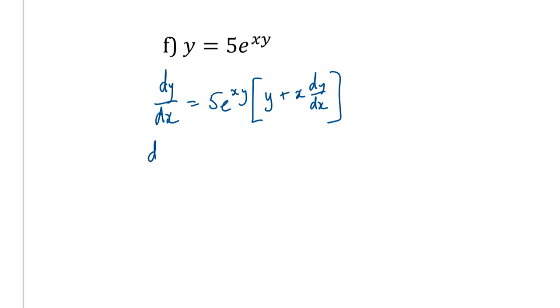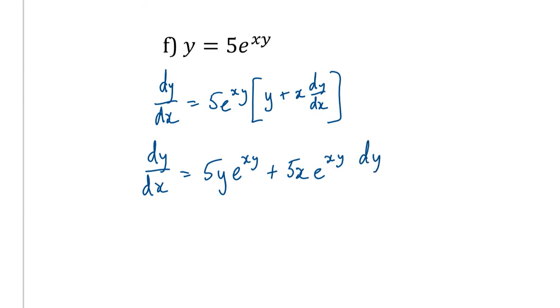Expanding my bracket, times y. Or I could have written that, I suppose, a little bit better as 5y e to the xy, and then 5 plus 5x e to the xy dy by dx.